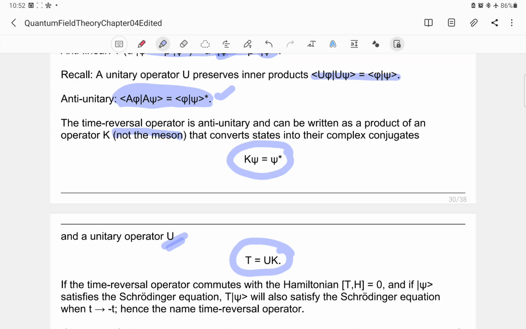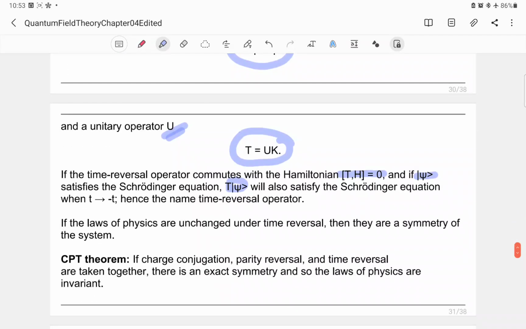If the time reversal operator commutes with the Hamiltonian, and if your psi satisfies the Schrödinger equation, this will also satisfy the Schrödinger equation when, of course, t transforms into a negative t, hence you have a time reversal operator. If the laws of physics are unchanged under time reversal, then they are a symmetry of the system.